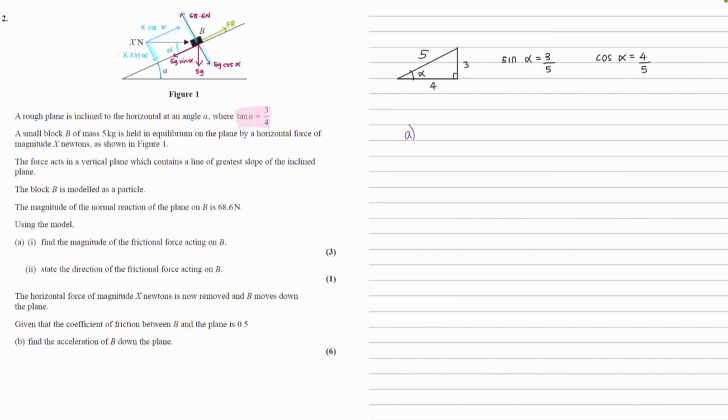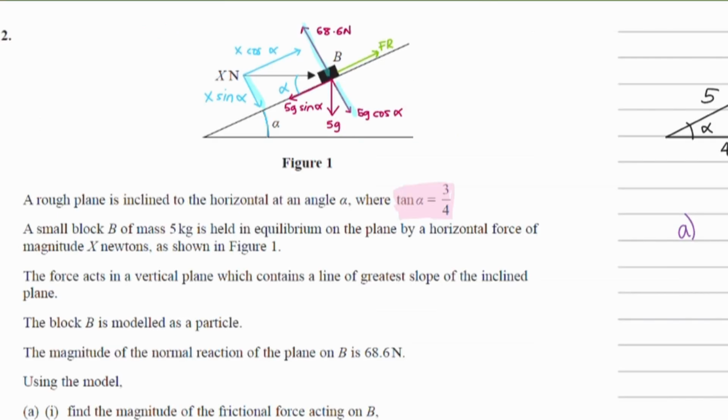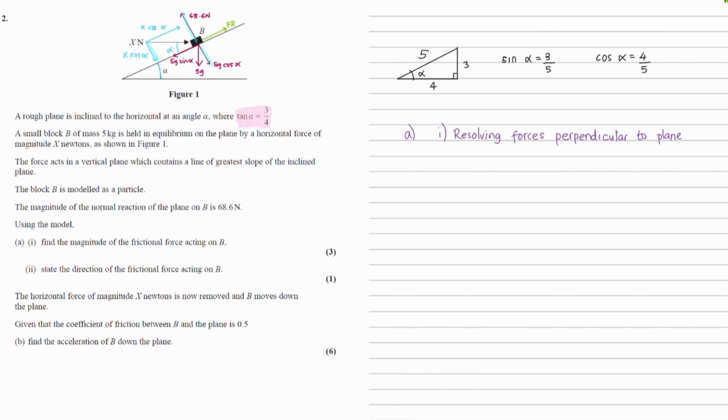We now need to find the magnitude of the frictional force acting on B. So first, we would start by resolving forces perpendicular to the plane. The upward force is 68.6, and this should be equal to the downward forces, which are 5g cosine alpha and x sine alpha. We can then substitute the values that we know: cosine alpha is 4/5 and sine alpha is 3/5.